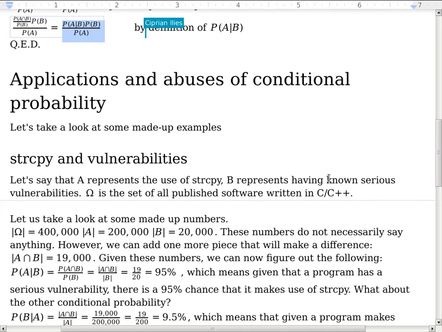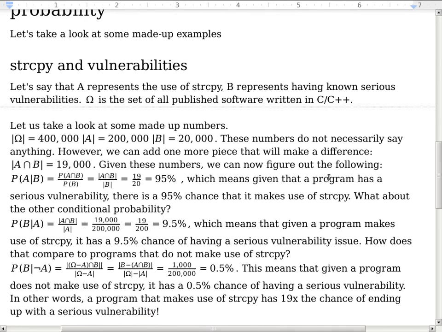And this is just a made-up example of string copy versus the likelihood of a particular software title having a vulnerability. Is there a causal relationship? That's not suggesting a causal relationship. It's simply suggesting there's a correlation. It is possible that there's no actual causal relationship. It's just that people who choose to use string copy also tend to be sloppy programmers, not using the object-oriented way of dealing with strings.